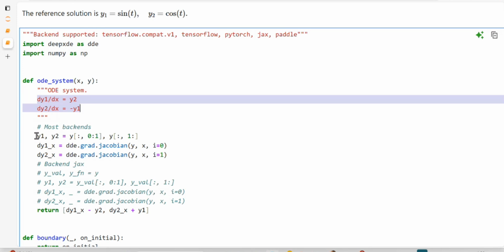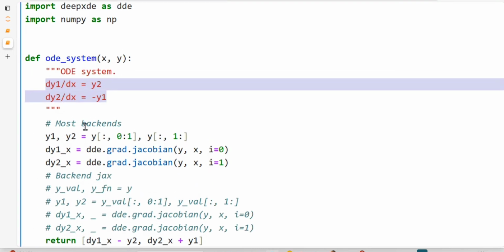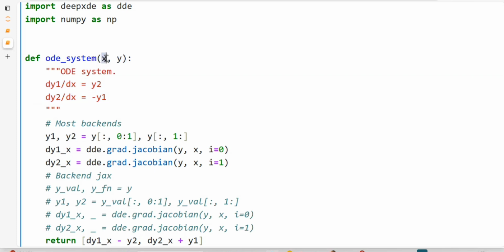Since there are two dependent variables, two solutions, these are required over here. So in Python, we write the slicing. First, I need to explain what the input is. The input is x, and the output is y, and y contains y1 and y2.